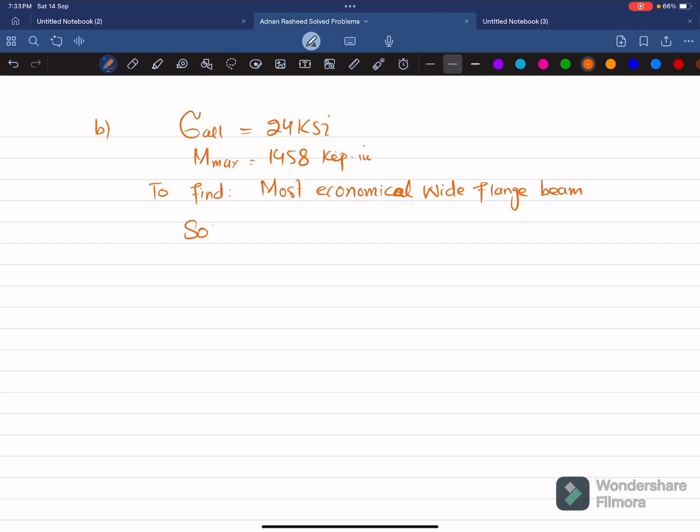Okay, so we know that allowable stress is equal to maximum bending moment divided by minimum section modulus. So from here we will get this minimum section modulus will be equal to maximum bending moment divided by allowable stress.